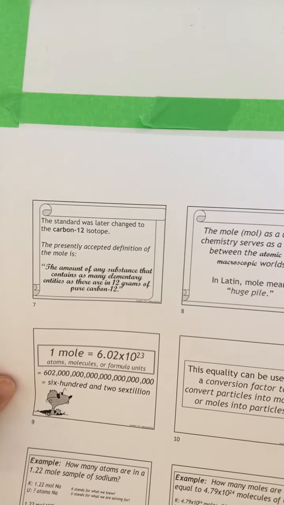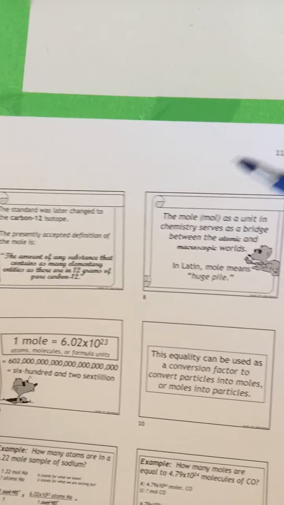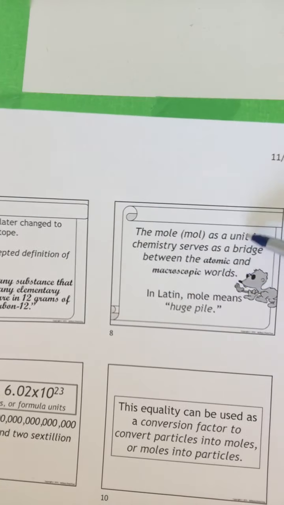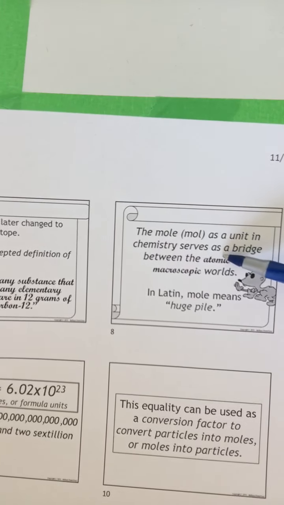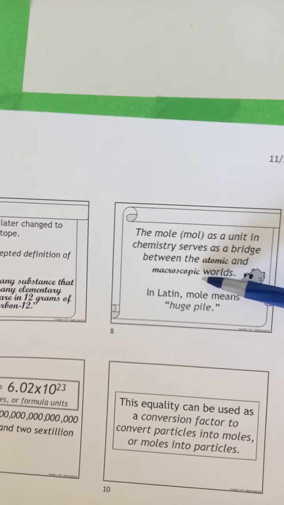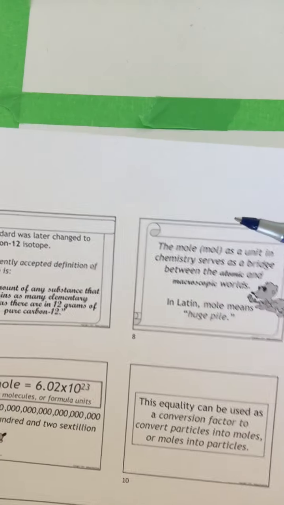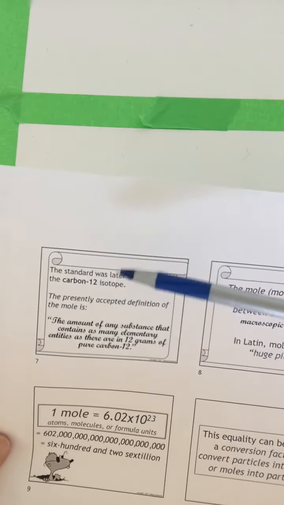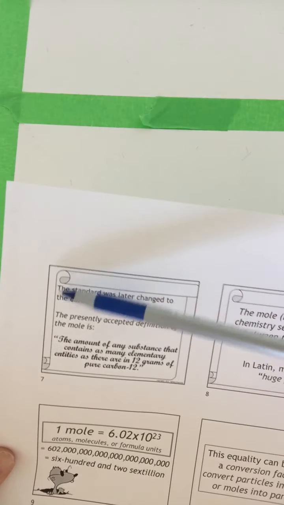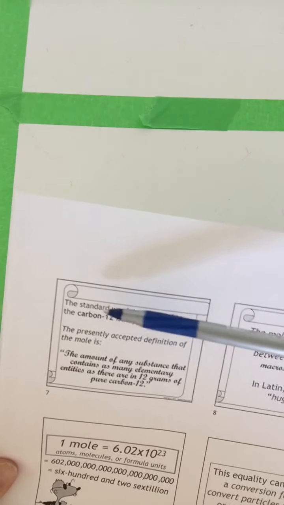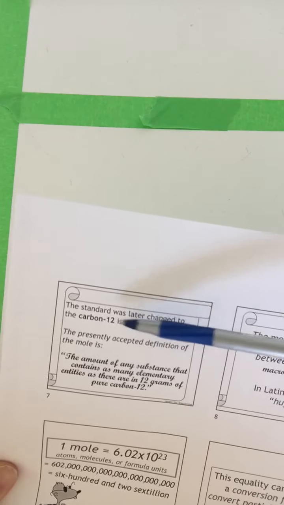What is a mole? The mole is a unit of chemistry that serves as a bridge between the atomic world and the macroscopic world. What does that mean? We all know the isotope carbon-12.